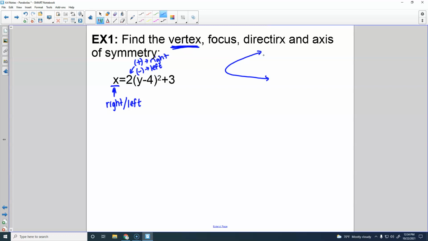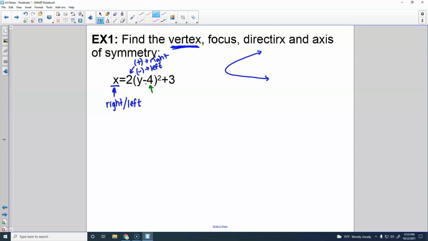So our vertex is going to be a little tricky on these. Whenever we think about transforming this graph, up, down, left, right, what is this -4 right here going to do to the graph? What do you think? It should be right 4, and it would be right 4 if that was an x inside of those parentheses.